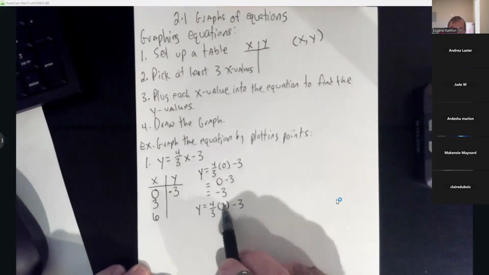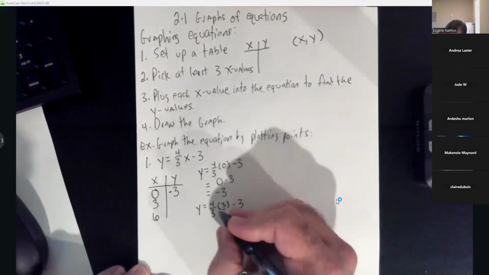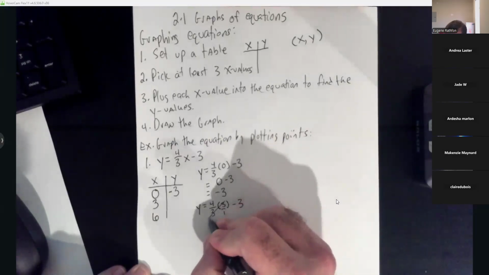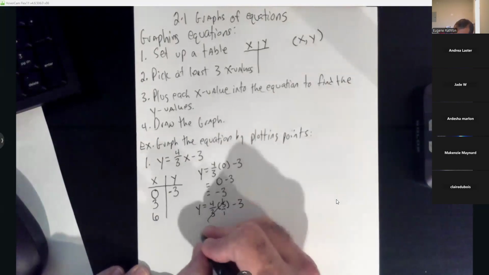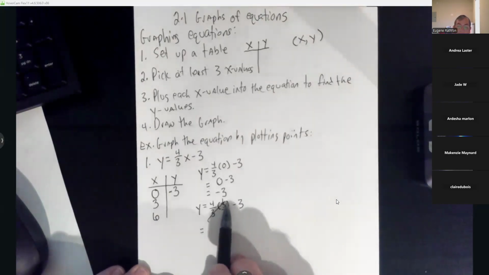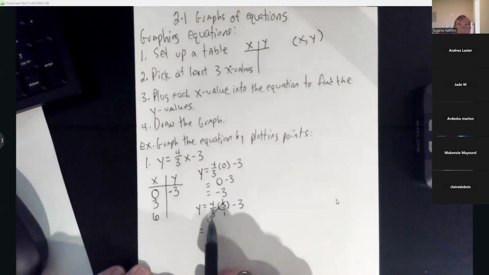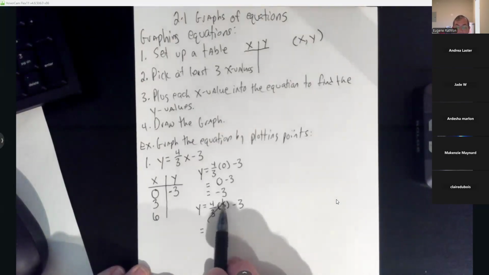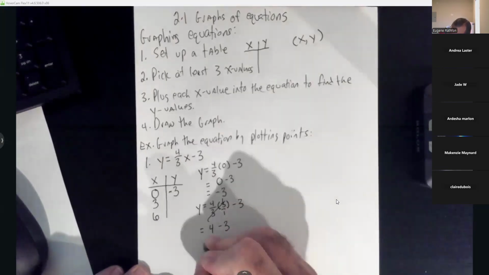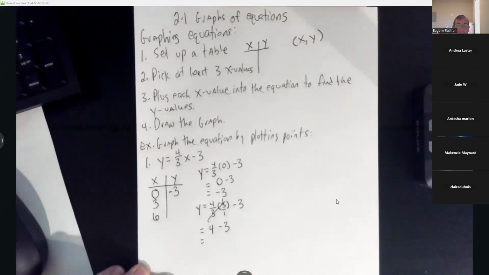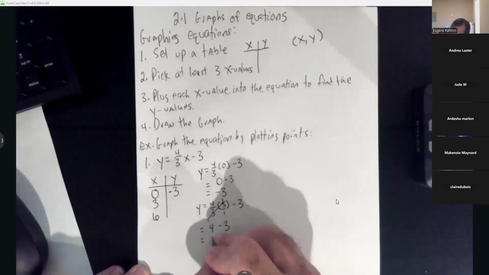But what happens here is this 3 on top divides by that 3, making that a 1. So I just divided it out. So this is basically a 4 times 1, which is 4, and then minus my 3. And then y'all, 4 minus 3 is 1.